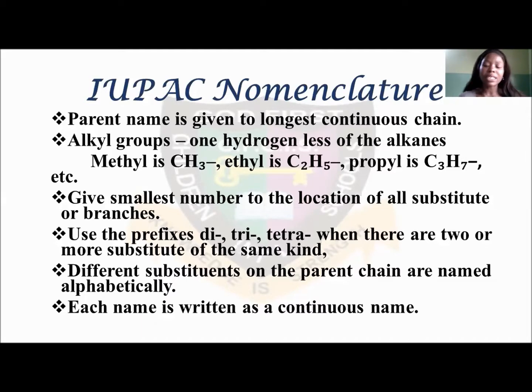Don't worry, we'll look at an example shortly. Different substituents on a parent chain are named alphabetically. So when they are of the same kind, you use di, tri, or tetra, but when they are of different kinds, you name them alphabetically. Another rule you should know is that each name is written as a continuous name, with no spaces.